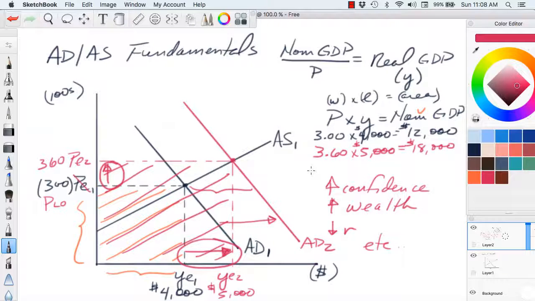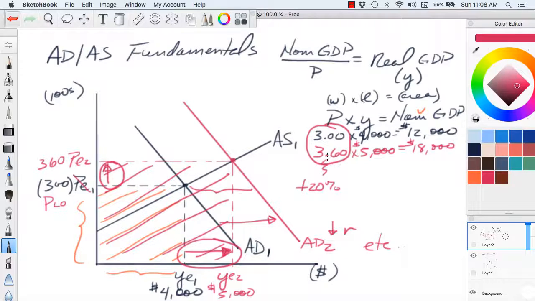So what's interesting here, let me get this out of the way right here. I need this space. So what's interesting here is if you look at the percentage change in this, that's a 20% increase in the price level. 360 minus 300 divided by 300 would be a 20% increase.